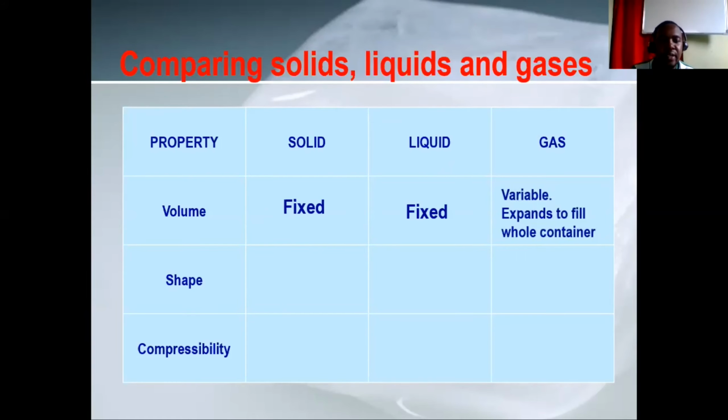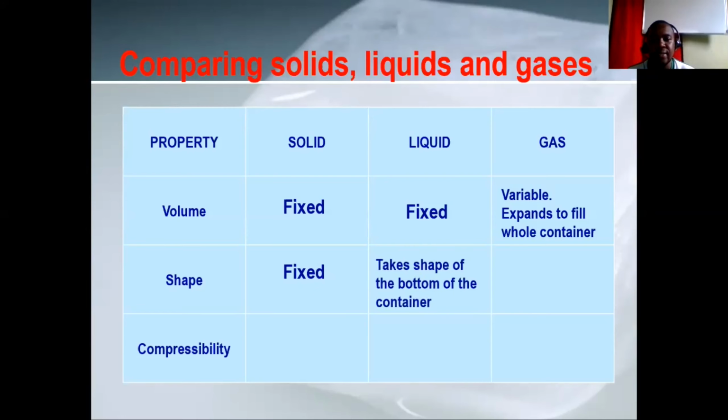And the shape of solids is fixed, and fixed there means that the shape does not change regardless of where it is. Liquids vary, taking the shape of their container. Exactly. So liquids will take the shape of the container, and gases also take the shape of the container.